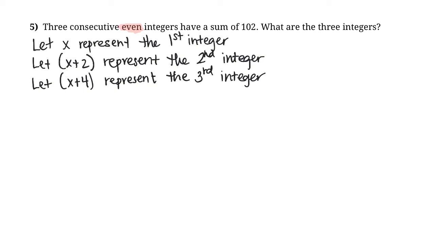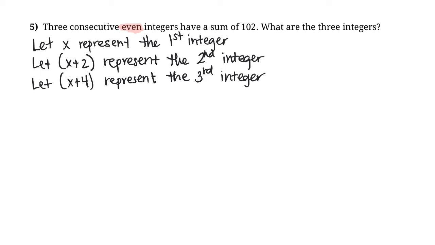So we've got to start somewhere. We're going to say let x represent our first integer, so our first missing mystery number. If I want the next consecutive even integer, normally we would add 1 to get the next number, but because we were focusing this time on even numbers, I'm instead going to add 2.